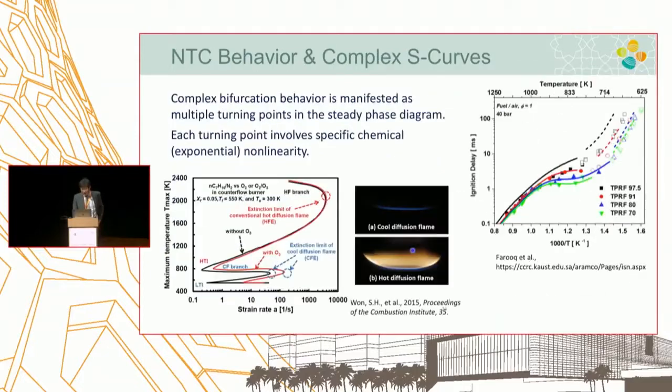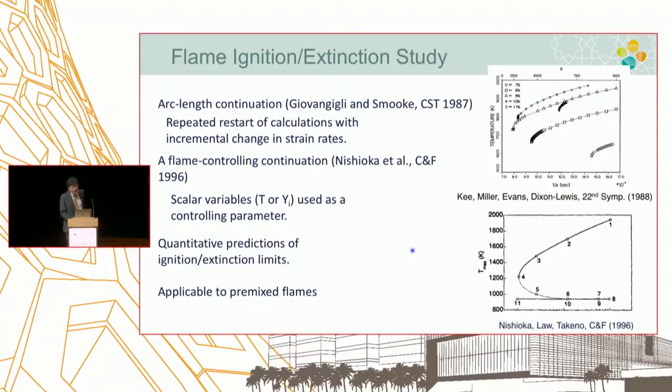One last point that I would like to note: how do I generate this turning point? I mentioned all this S-curve behavior. You can do that, and the current commercial version of Opposed-flow code allows this turning over, but it's not easy. As you can see in this example, it stopped right there.